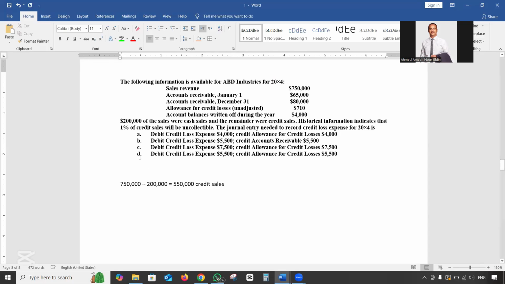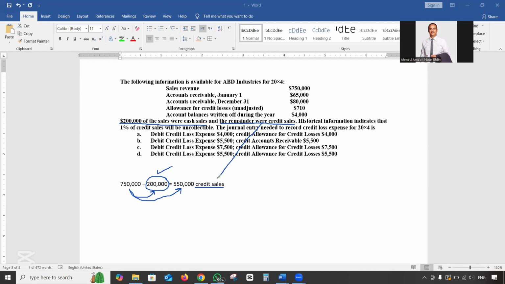Those cash sales I have already collected, so if we subtract 200,000 from 750,000, the remainder is 550,000, which are credit sales. I sold those goods and didn't collect the amounts from the customers.